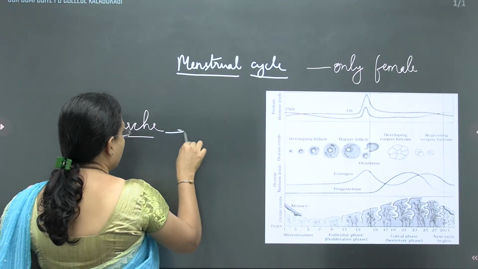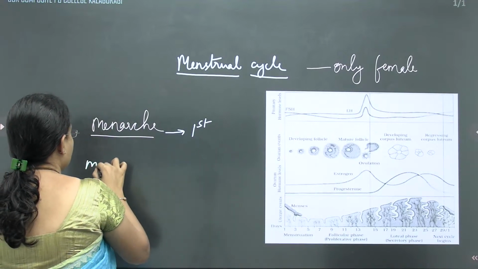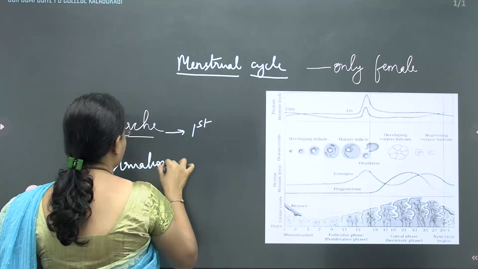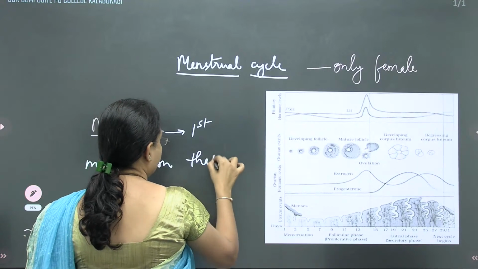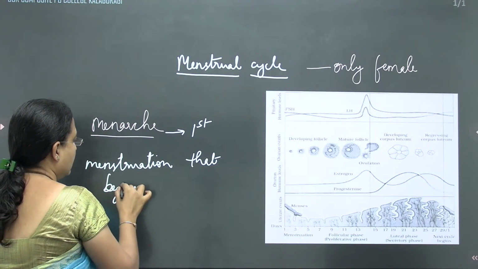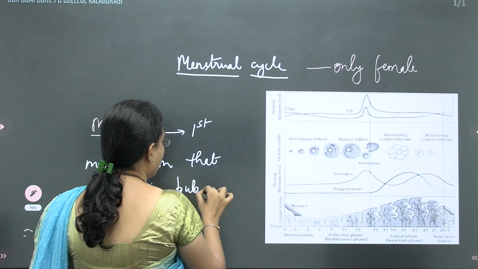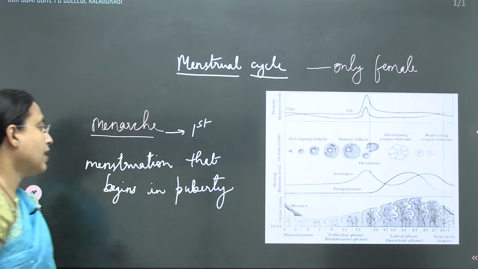So the definition of this will be first menstruation that begins in puberty.